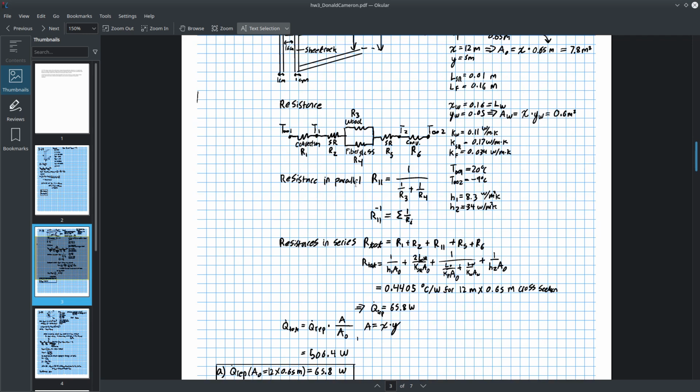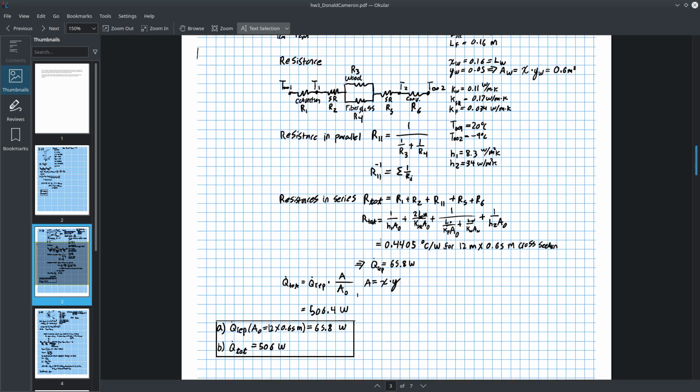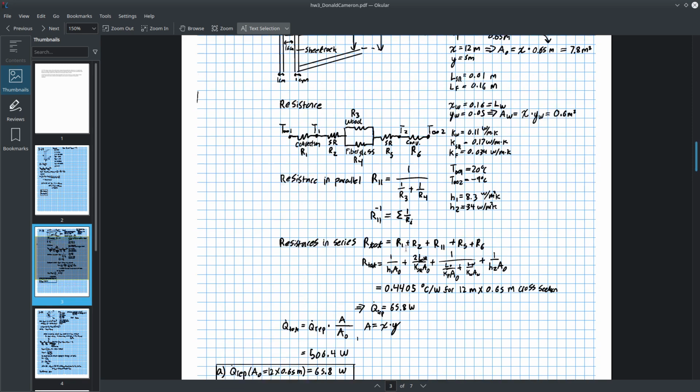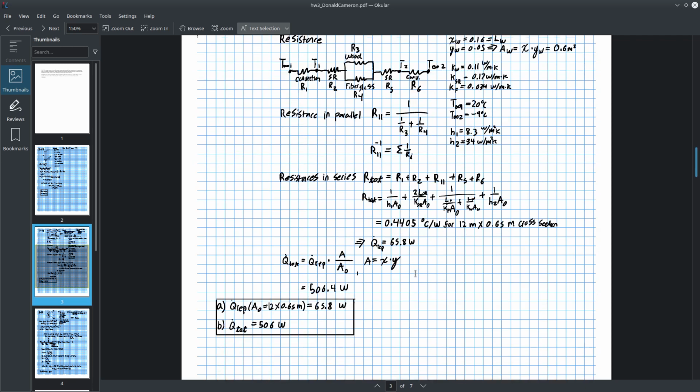We know those resistances in parallel are equivalent to this, so then that is in series with the other ones in series. We add up all these resistances for our different forms for convection and conduction, and then we can calculate the total resistance and find the representative Q from that using our relationship for Q, the T infinity 1 minus T infinity 2 over total R.